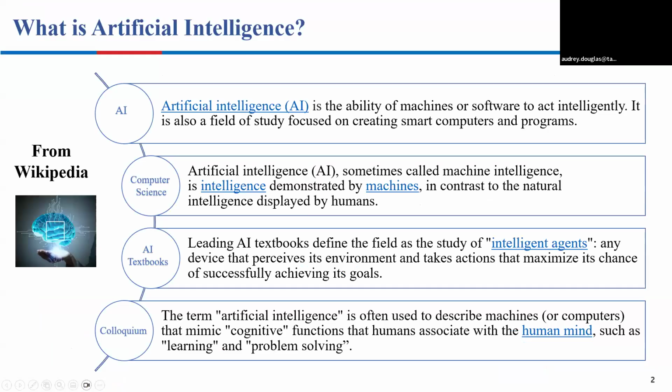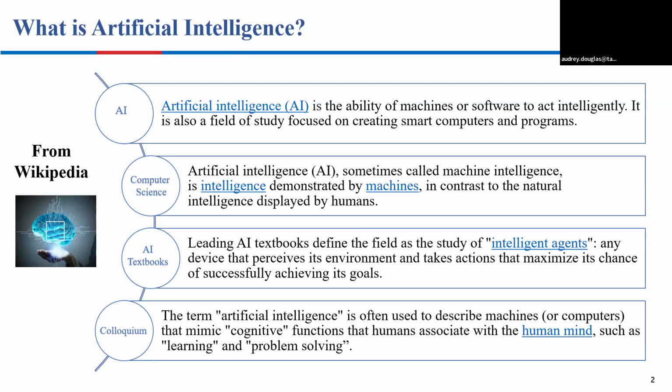First, you need to know what is artificial intelligence. In informal conversations, the term AI is often used to describe machines or computers that mimic cognitive functions that humans associate with the human mind, such as learning and also problem solving.